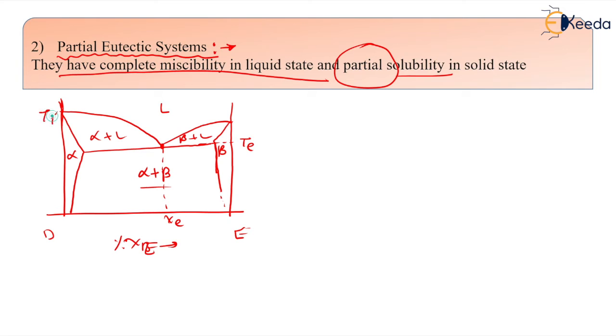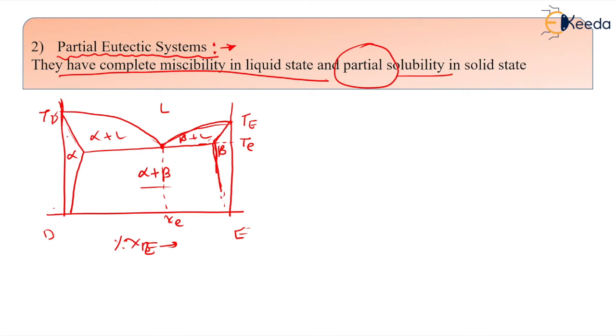This is the melting point of D, this is the melting point of E. So dear students, you can see the sudden dip in temperature at a certain composition, but the thing is that from the first type eutectic, you can see the difference here. They have the solid solution here, isn't it, of D and the solid solution of E.